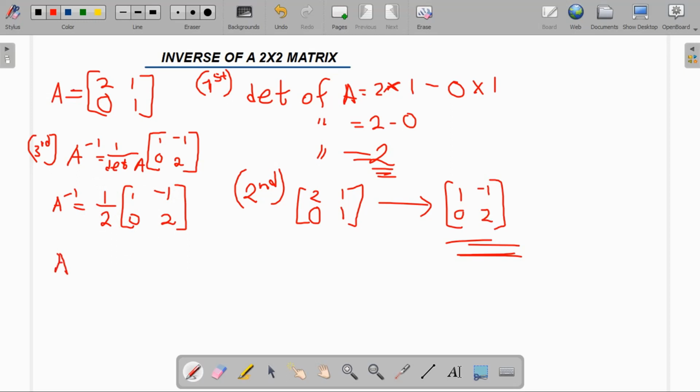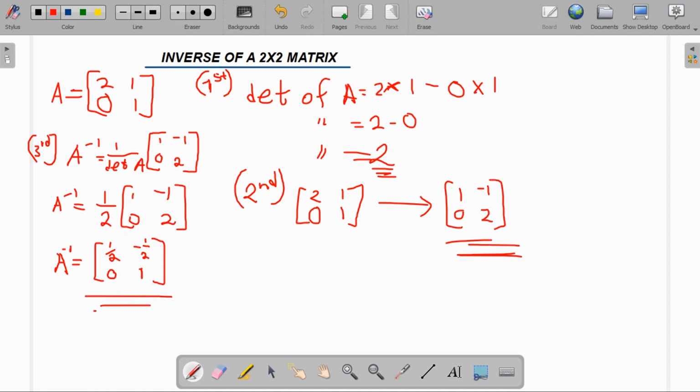So the inverse of A is equal to, start multiplying. 1 over 2 multiplied by 1 is 1 over 2, it's half. 1 over 2 multiplied by -1 is -1 over 2. 1 over 2 multiplied by 0 gives us a 0. 1 over 2 multiplied by 2 gives us 1. It's the same as half of 2, it gives us 1.